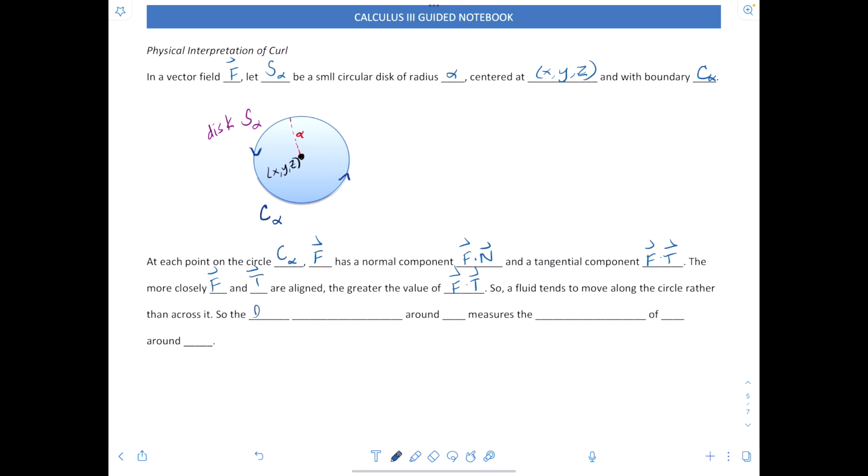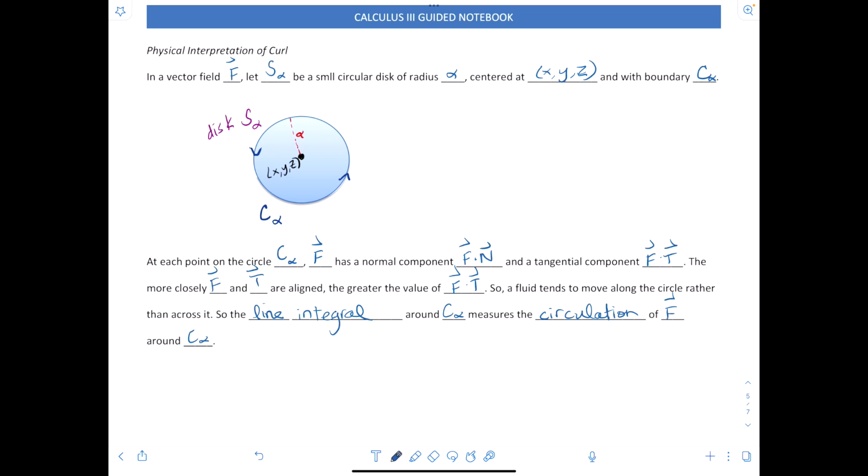So the line integral around C alpha measures the circulation of the vector field around the boundary C alpha. So let's take a look.